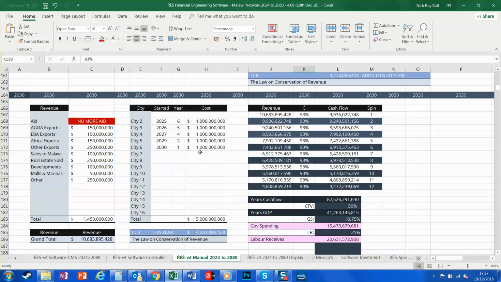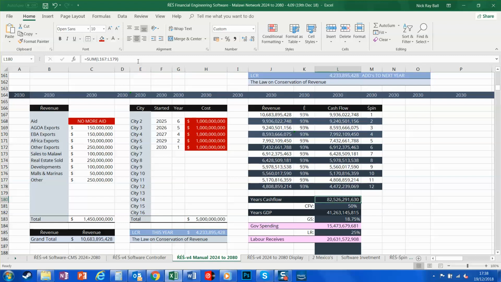Let's see. Really, I should highlight all of these in red because they've all changed. Okay, highlighting and not highlighting is not a major problem. No one's going to say, oh, your theory's crap because you've highlighted something in red whereas it shouldn't have been. But it's the math, as long as the math is right.